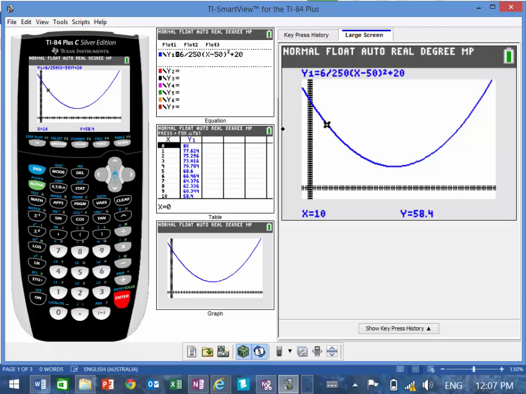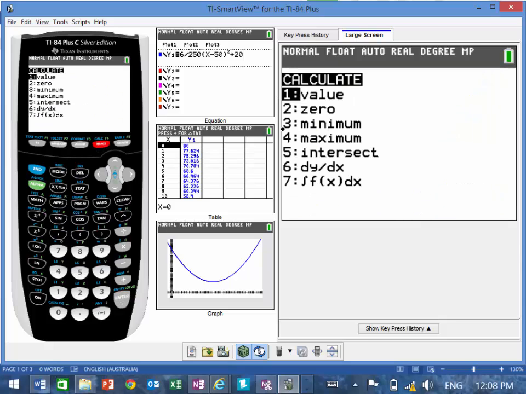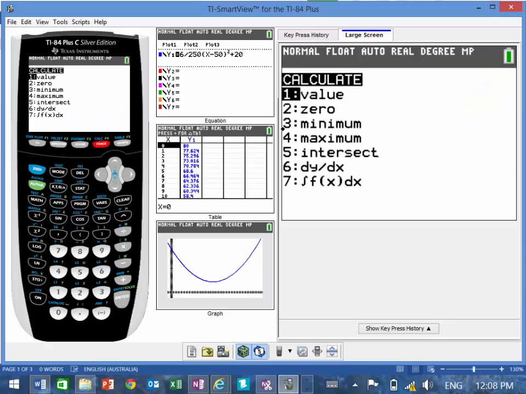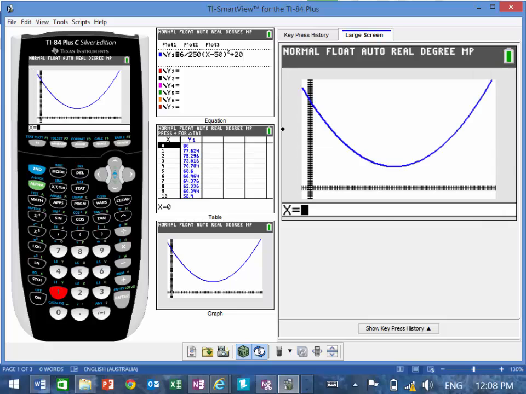So you go blue, second function calc, and you go when x is equal to 20. Gives you your value. And if you go second function calc, when x is equal to 30, you get the idea? So it actually tells you how high that is.